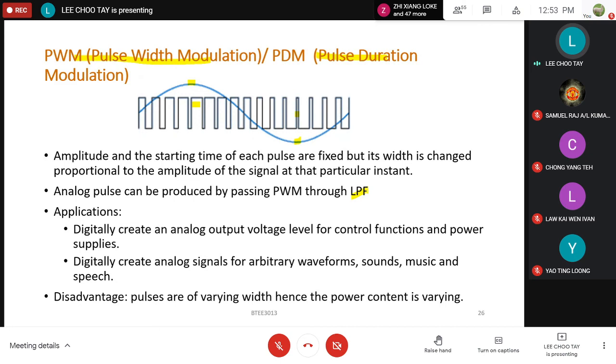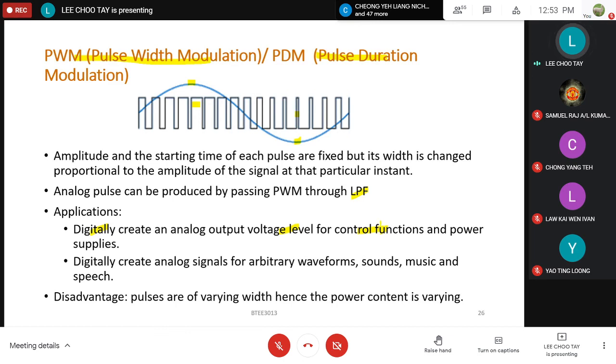The application basically is, I think you learned about PWM before, isn't it? One of the applications is to digitally create an analog output voltage for control function and power supply, especially when you control the speed of a motor.